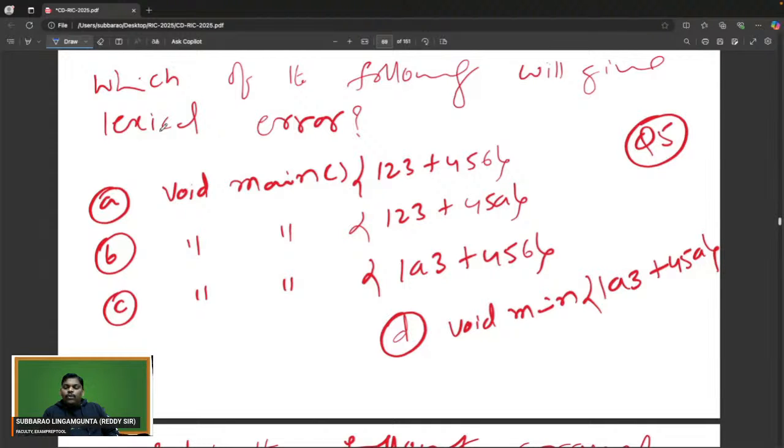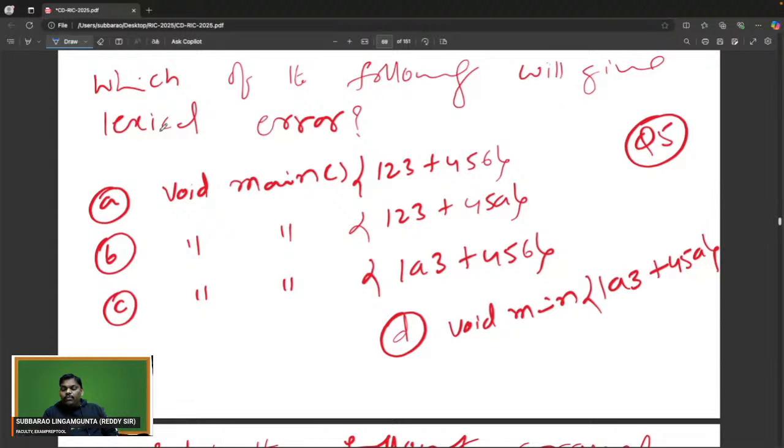Option A: void main within the brackets 123 plus 456. Option B: void main within the brackets 123 plus 45A. Option C: void main within the brackets 1A3 plus 456.